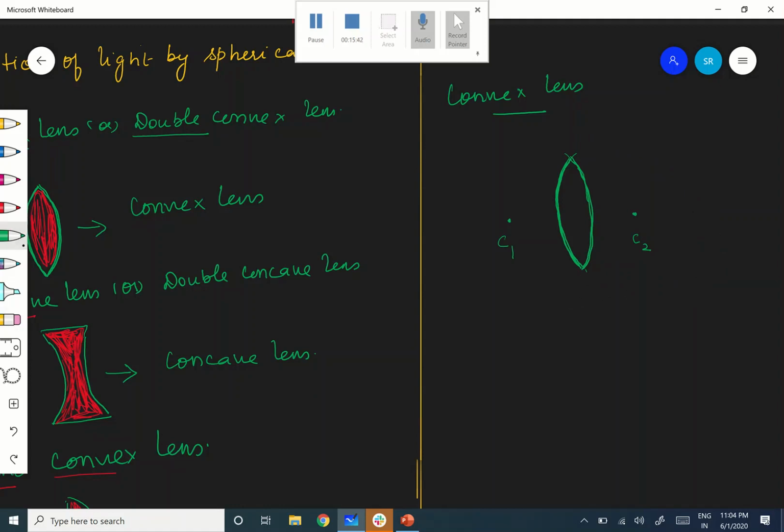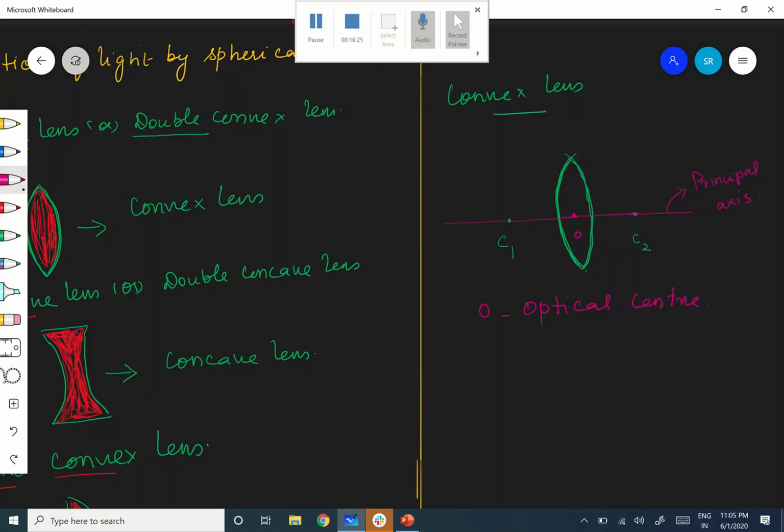Right. Now, next one is, what is the center of the lens itself? The center of the lens is what is called the optical center. Therefore the line joining both the centers of curvature and the optical center, this straight line, is what is called the principal axis.